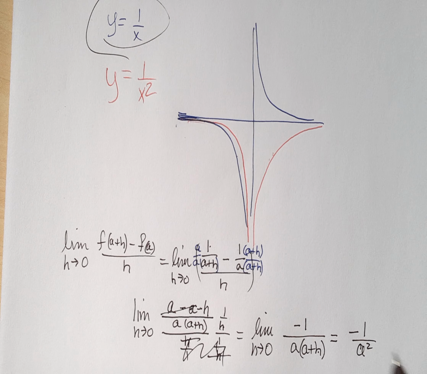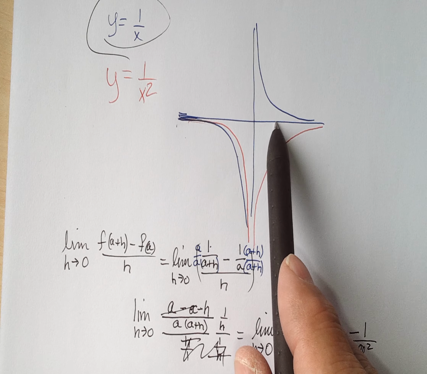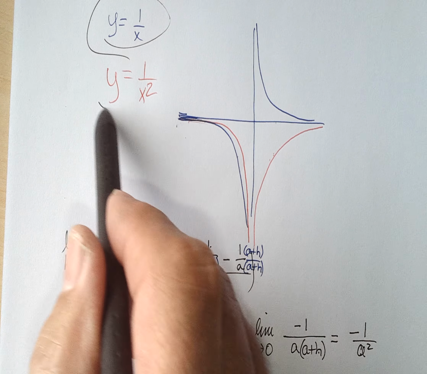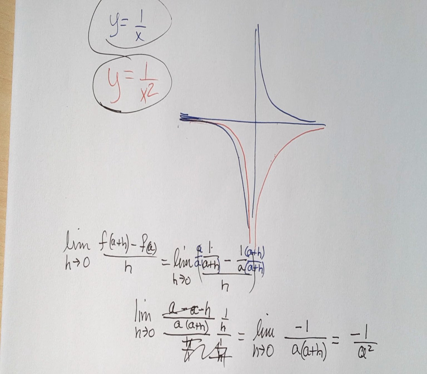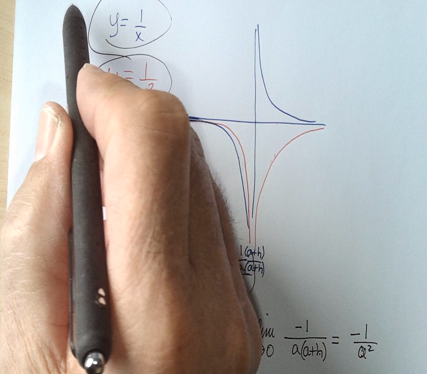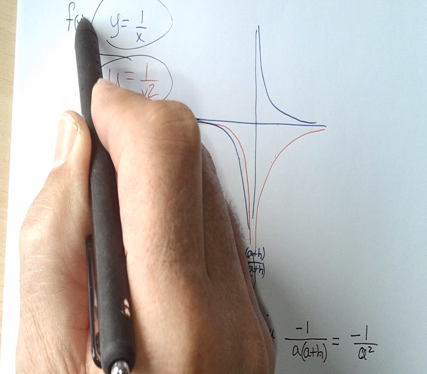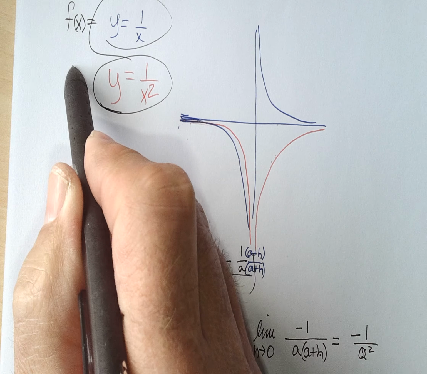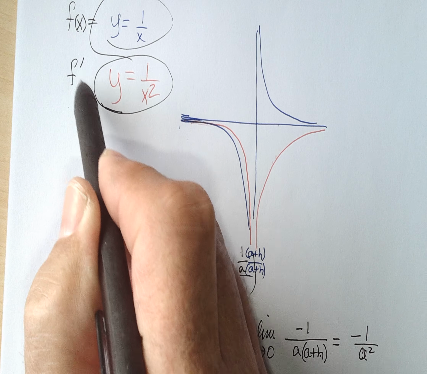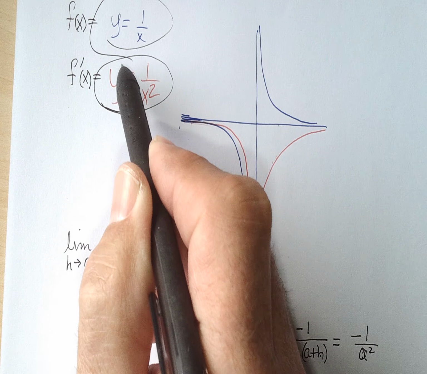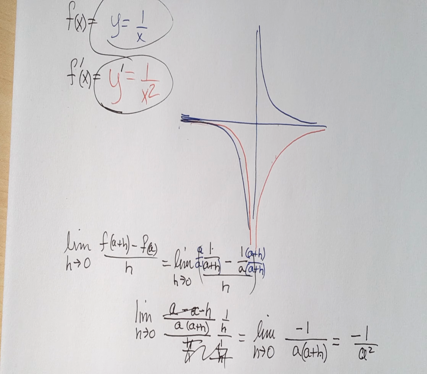So if a is some place on the x-axis that I'm picking and I want the slope, it says it's minus 1 over that value of x squared, which is what I thought it should be. This is saying the slope function, if this is the function f of x, then this is the derivative of it, the slope function of it, sometimes called y prime.